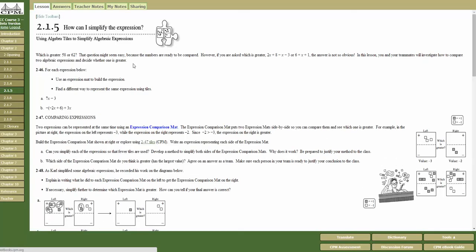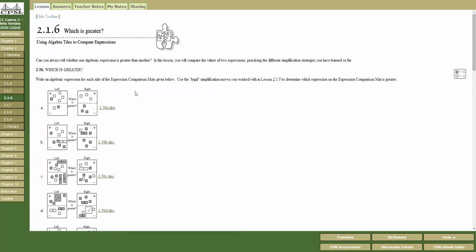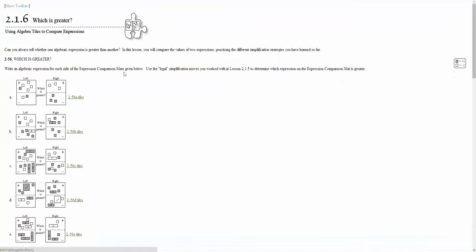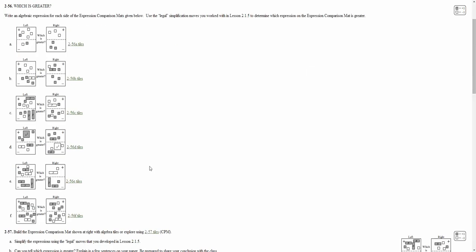Let's look at 216. If I remember correct, 216 is a little more practice. Yep. So you're going to go back and start talking about which is greater again. Okay? You're using those same legal moves. You're flipping, you're making zero pairs, and you're pulling two terms that are the same from different sides off. Okay?